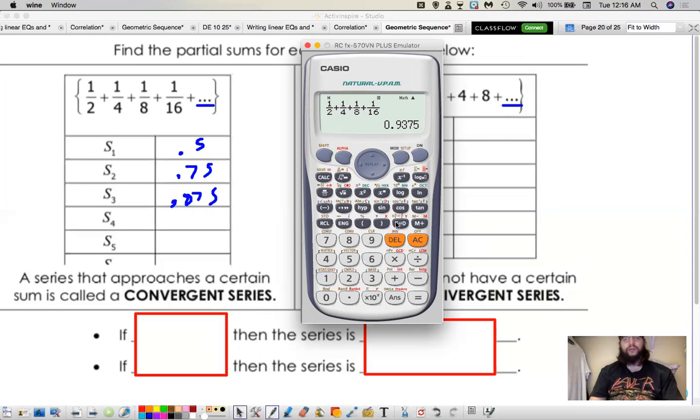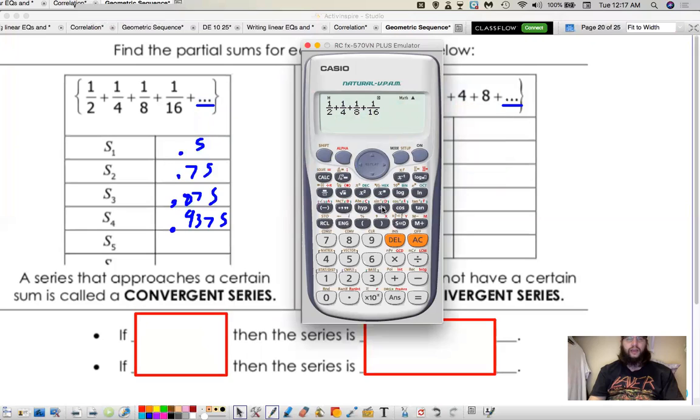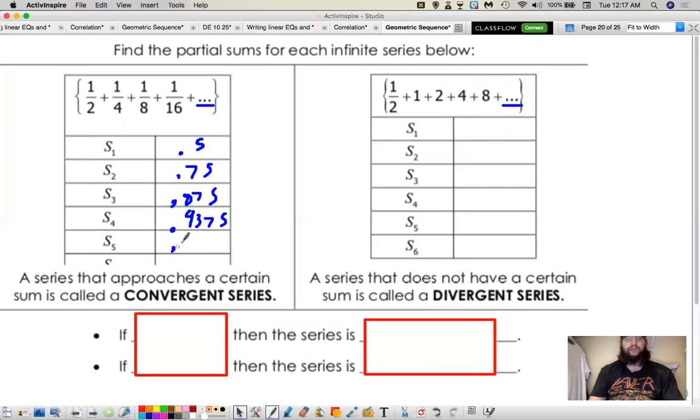That one looks familiar. We've done this before. 0.9375. I think at the very beginning. And next, you're dividing by 2 each time. 1 over 32, which is 0.96875. So this sum is getting closer and closer to 1. So the sum of this would equal 1. That's convergent.